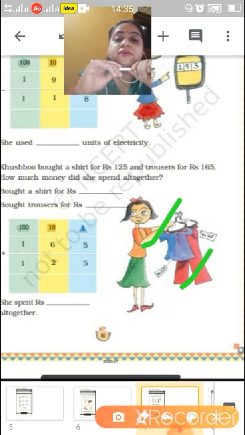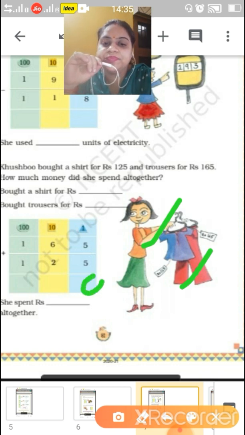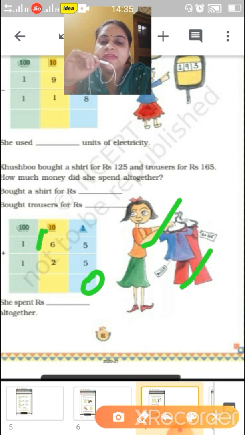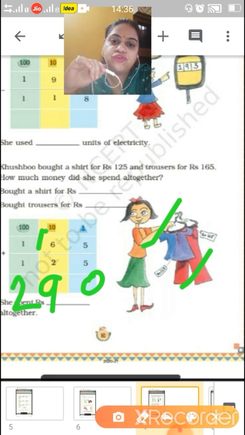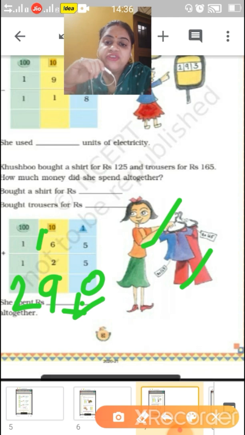So children, we will add in this. Now let's see. 5 and 5, 10. Okay, 6, 7, 8, 9. Understood? And 2. So children, I hope it is clear to you. 290 we are getting. So above this line also you will write, she spent rupees 290 all together.